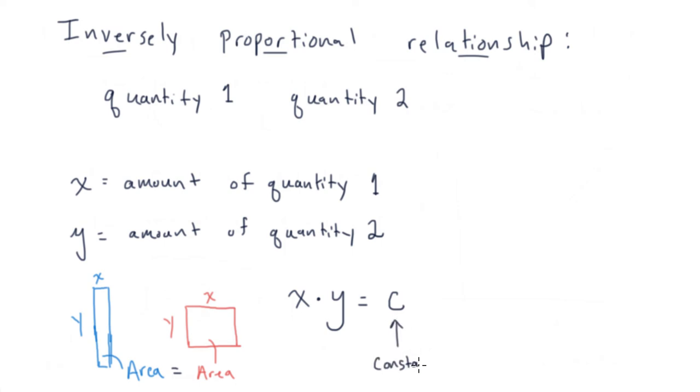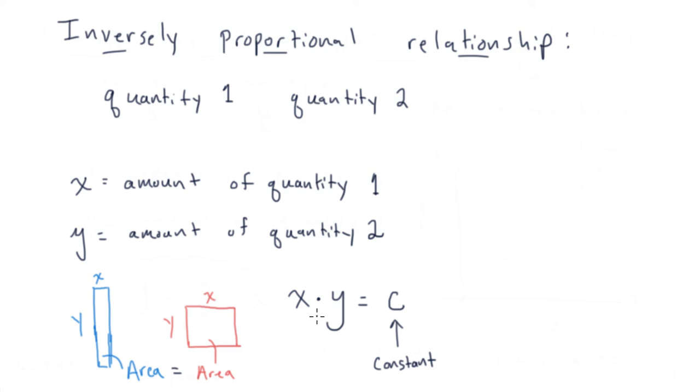So in our example with the workers and the hours to paint the wall, it was 24. It was like 24 worker hours. That's how long it's going to take to paint the wall. And then the number of workers, the equal groups, and the units in one equal group can vary together, but they're varying inversely.